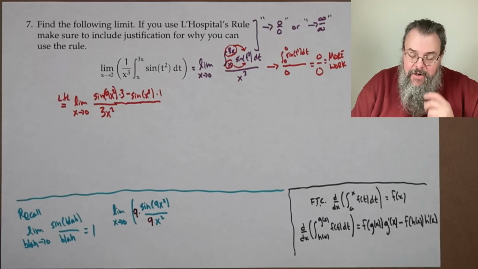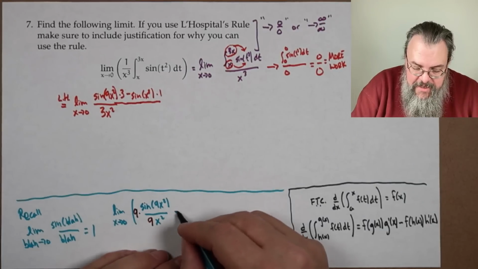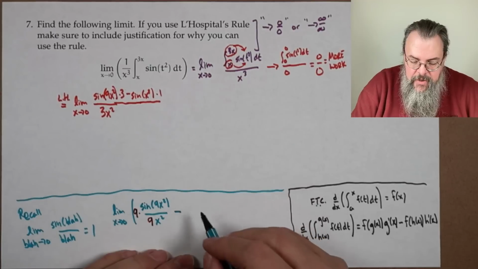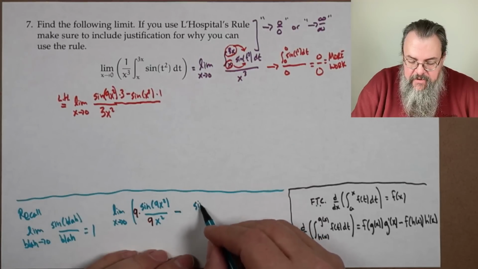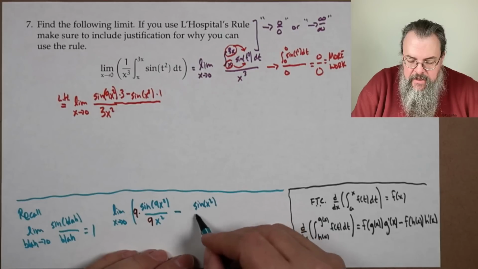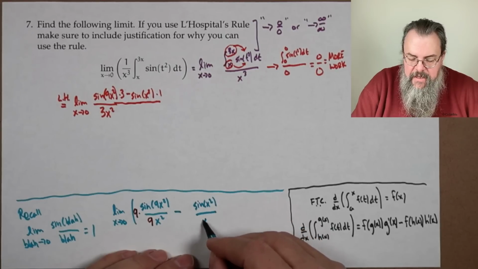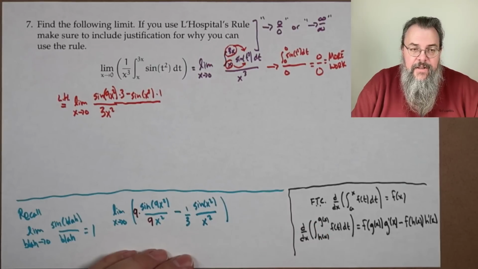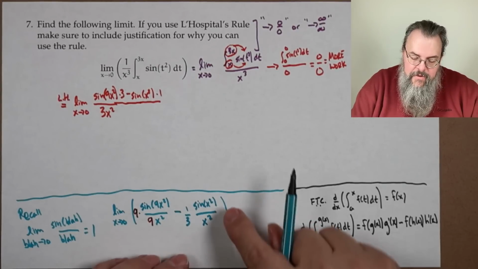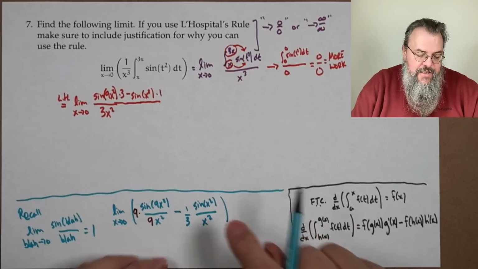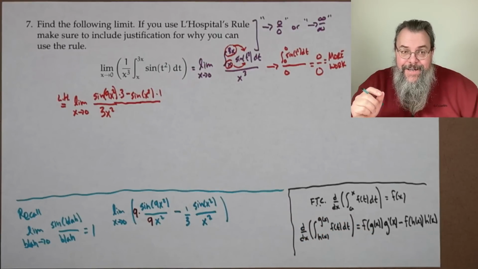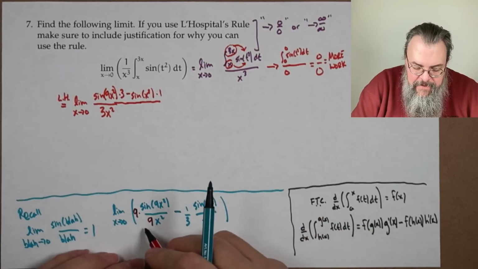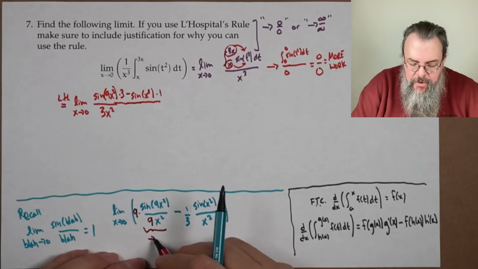Okay, now that's that part. Then we're going to subtract over here. What do we have? Well, we have sine of x squared. And then downstairs we have 3x squared. So I'm going to think of that as an x squared, and then I'm going to put a 1/3 out in front. So, why? Because I want sine blah over blah. And now our great aha. This part goes to 1.